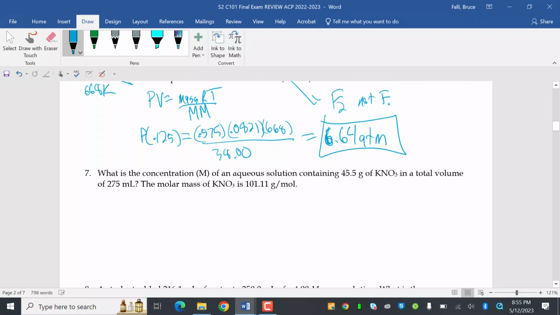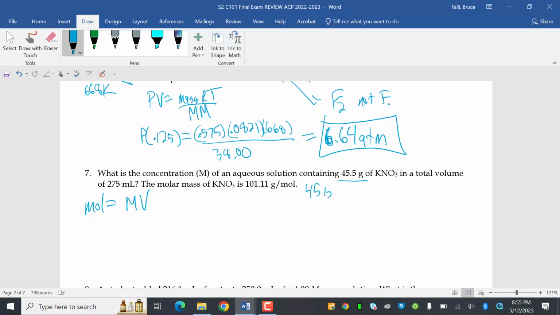But it's not, so. What is the concentration of an aqueous solution containing that many grams in a total volume of this? Molar mass. Hey, isn't that nice? So I know a lot of people do this a different way. I prefer moles equals MV. So first thing I'm going to do is get moles of this.